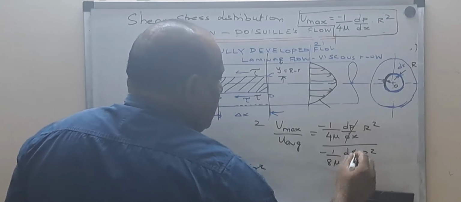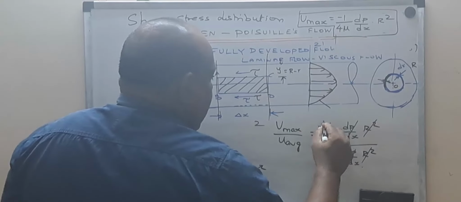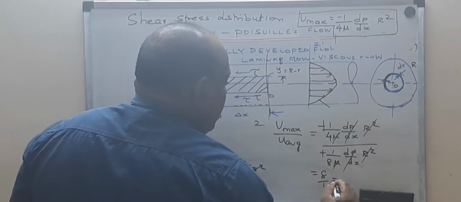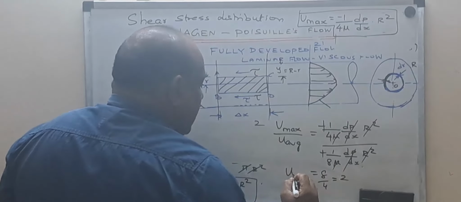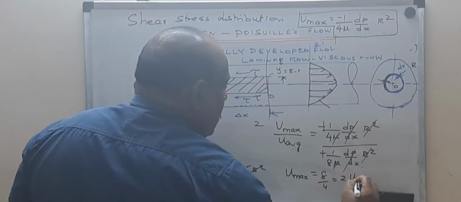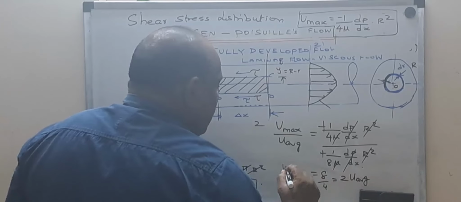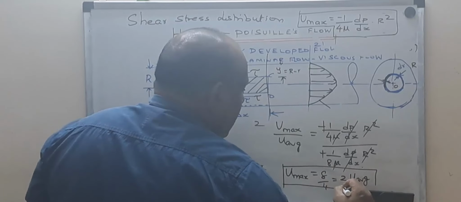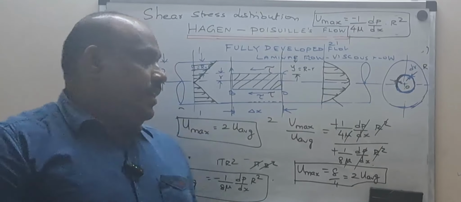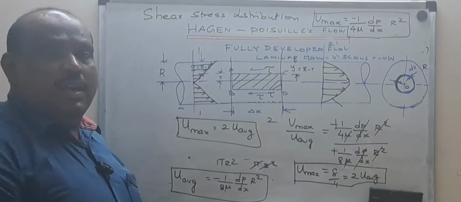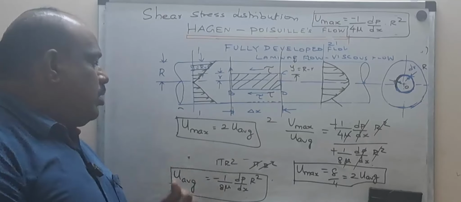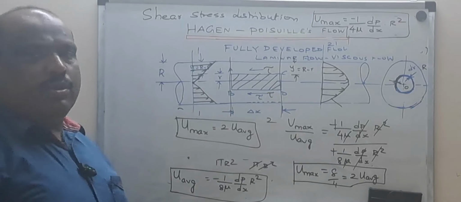So dp by dx cancels, r squared cancels, minus sign cancels, mu cancels. It becomes 8 by 4, which is 2. So the maximum velocity is twice the average velocity. That is the relationship we obtained through this derivation: u max by u average equals 2.